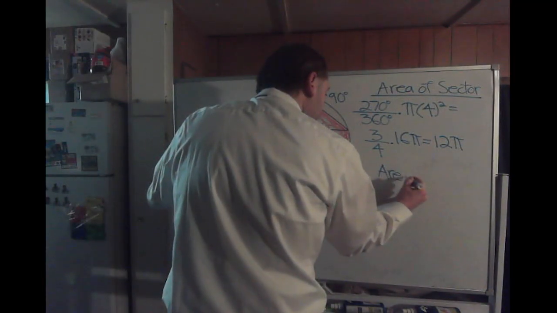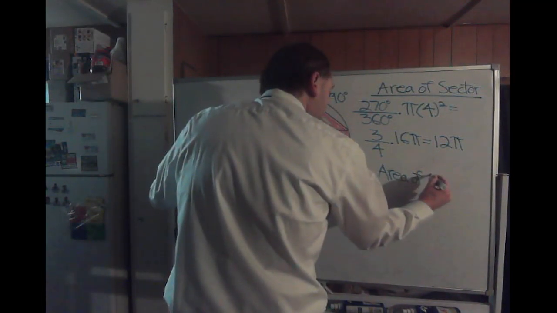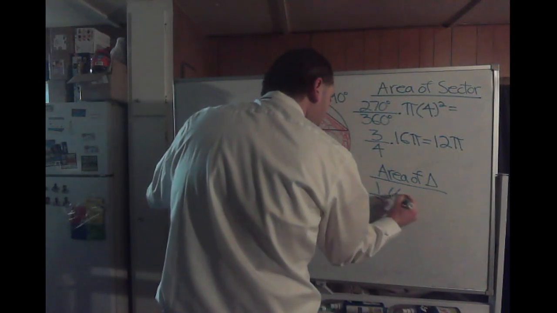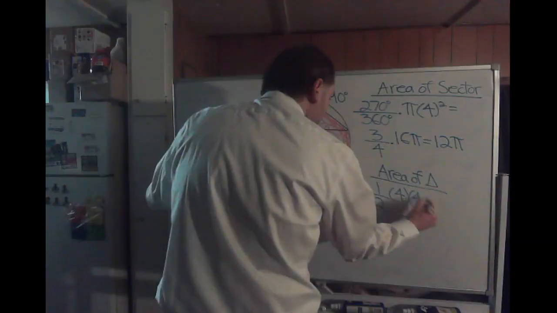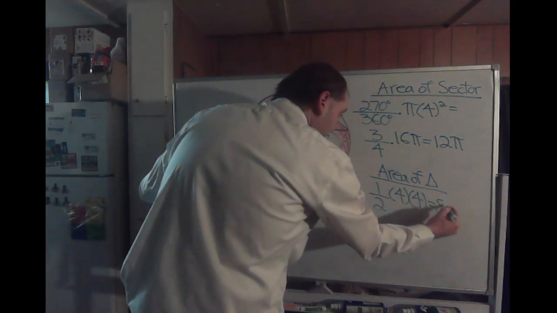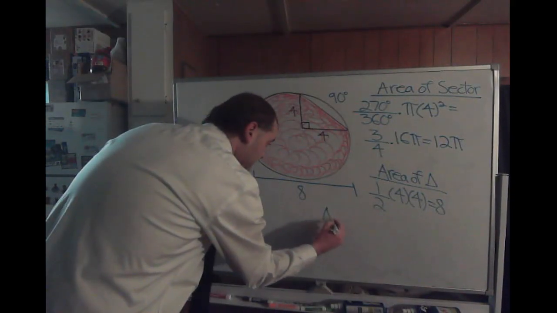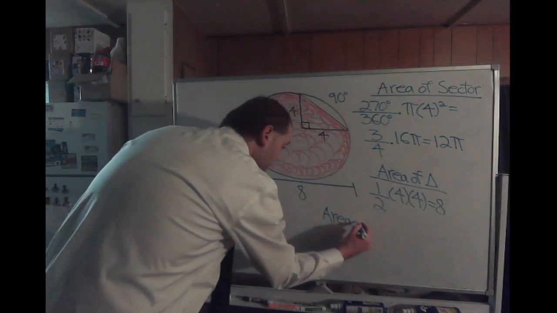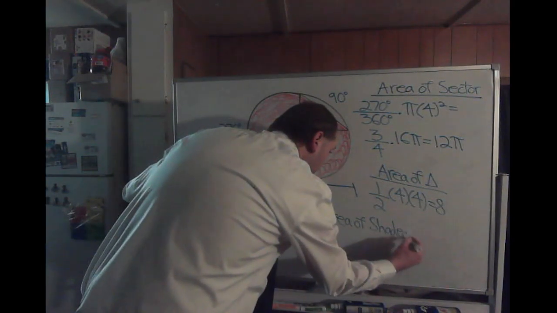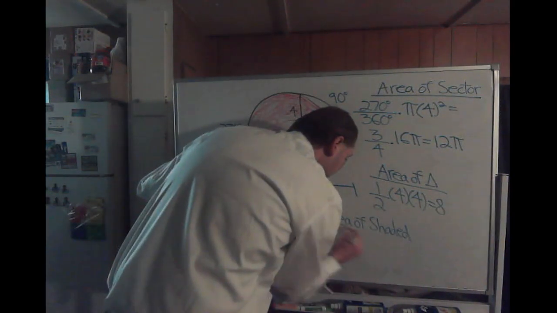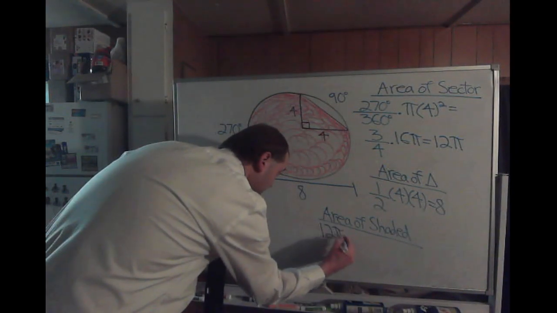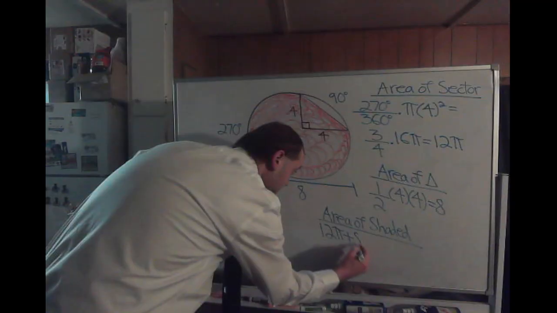So the area of the triangle is going to equal half that base, which is 4, times the height, which is also 4. Well, half of 4 is 2, times 4 is 8. So now we can find the area of the shaded region by simply adding the area of the 270 sector, which would be in this case 12 pi, plus the area of that right triangle, which is 8.